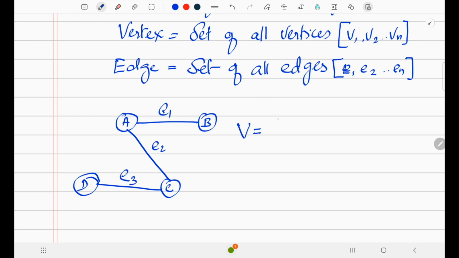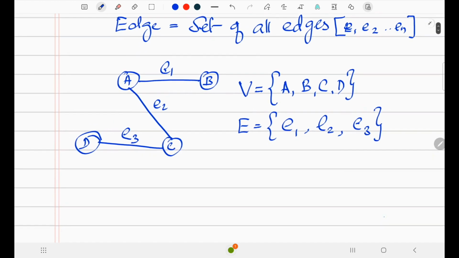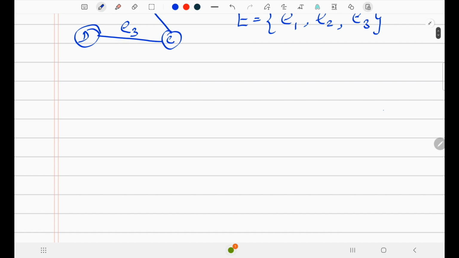The vertex set equals A, B, C and D, so there are four vertices. And the edges, we have three edges: E1, E2 and E3. This is a small example of the representation of a graph.